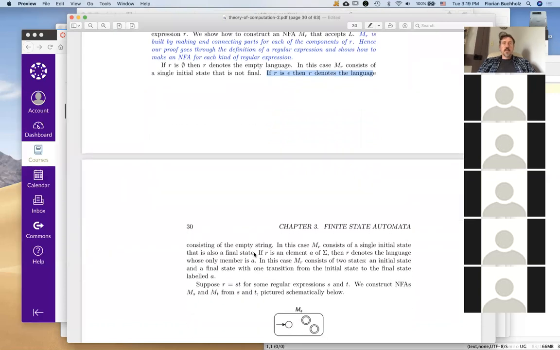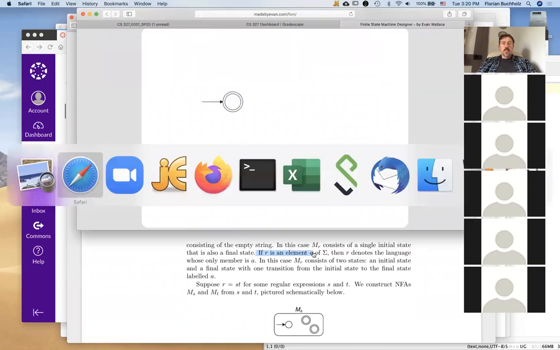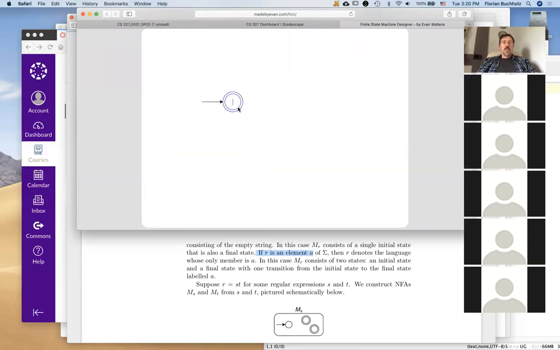And then if it's an element of the alphabet, then we need two states. And this would be an automaton that accepts a single symbol from the alphabet.